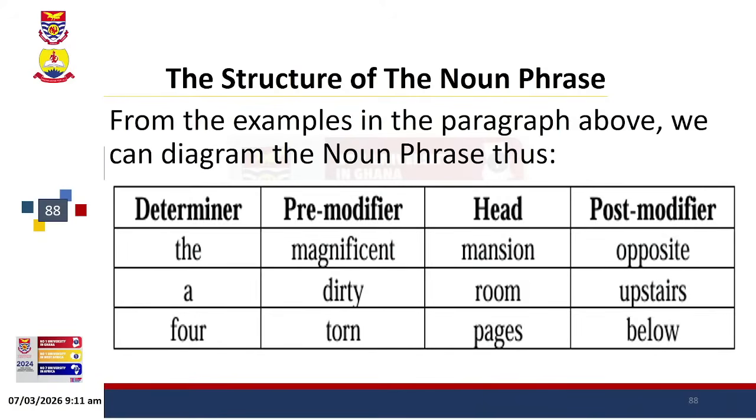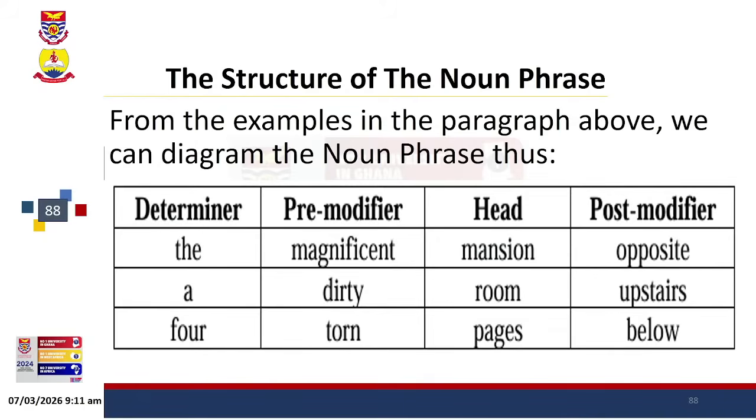There is a determiner, magnificent is the pre-modifier, and opposite is the post-modifier. So although we are talking about mansion, we have added modifiers to make it specific. Some of the modifiers came before, some came after. That means you're not going to refer to any mansion just like that. It should be the one that is magnificent and the one that is opposite to what we are talking about.